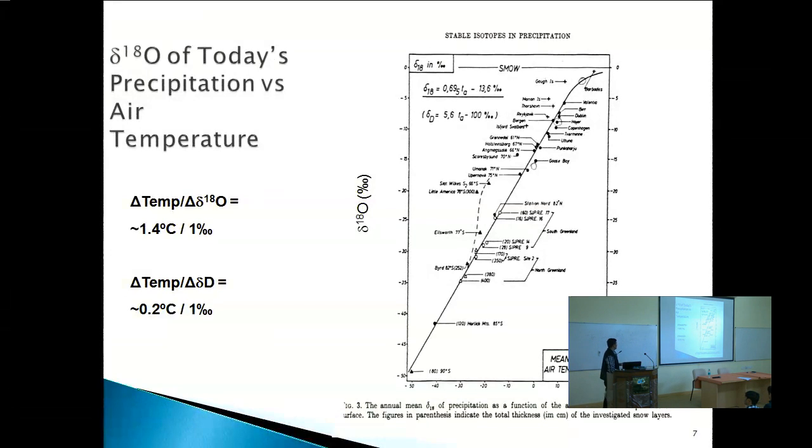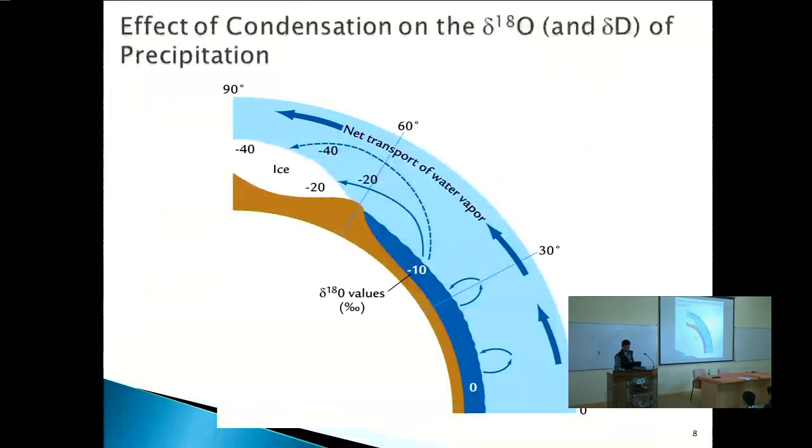So now you have a ratio of 0.2 per mil variability with temperature in deuterium. So now both these relationships people use for predicting the temperature once you know the oxygen isotope composition of ice. So this is what the subject we are talking about, temperature variability, which people have tried to reconstruct if you analyze the ice samples going back in time.